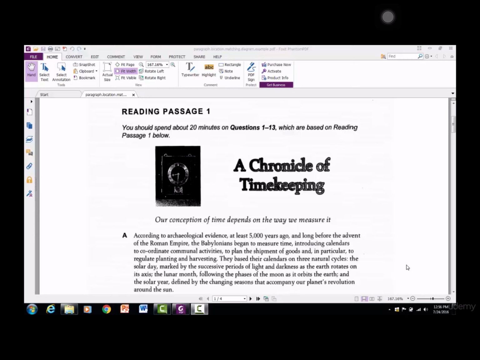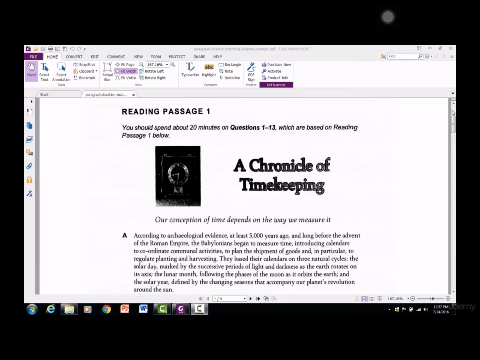If you want to, you can stop the lecture right now and go to Cambridge Book 8, reading passage 1, and try to do the questions before I go through them, and then check your answers that way. I think that's a great way to use this book.